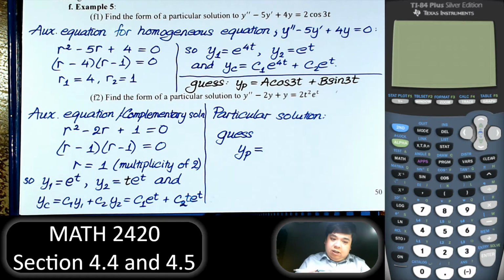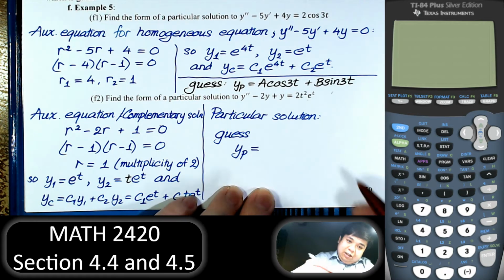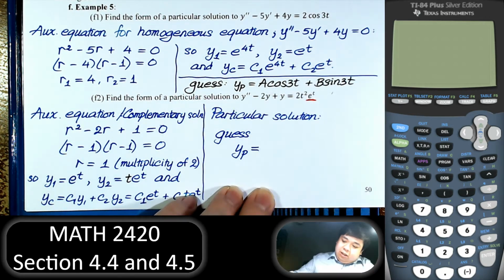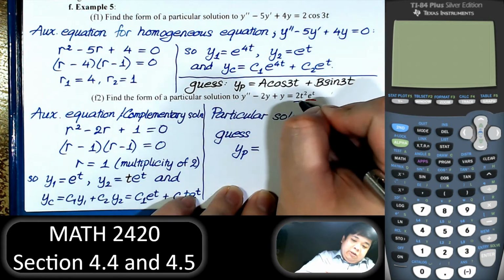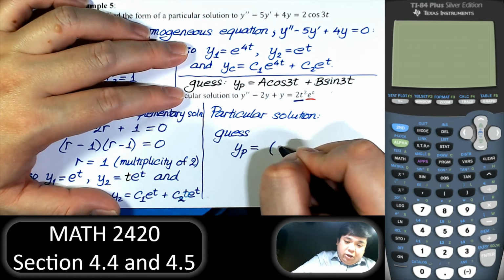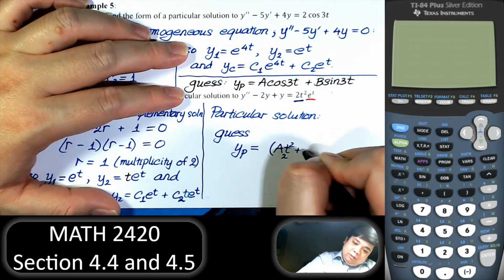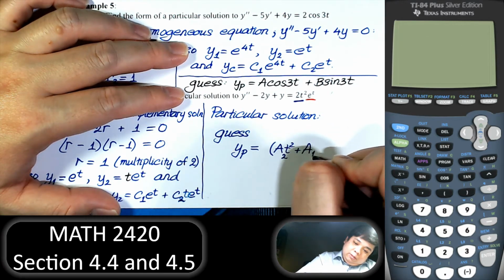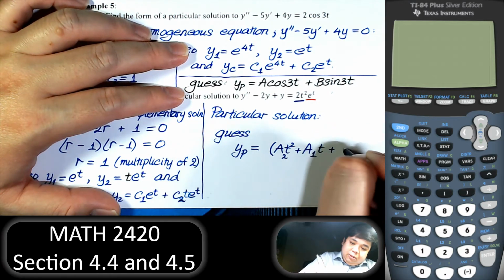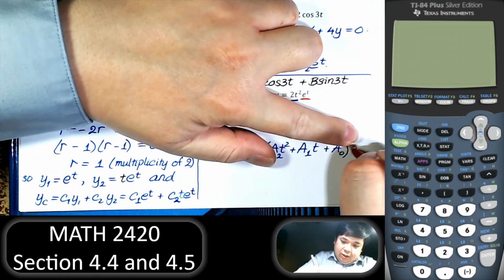This has e to the t times a polynomial of second degree, so our guess will be a second degree polynomial times e to the t.